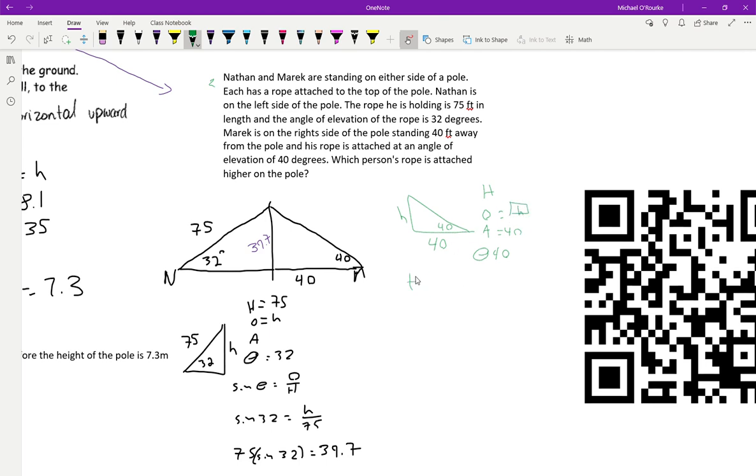So I'm going to use tan. Move that over. 33.6.